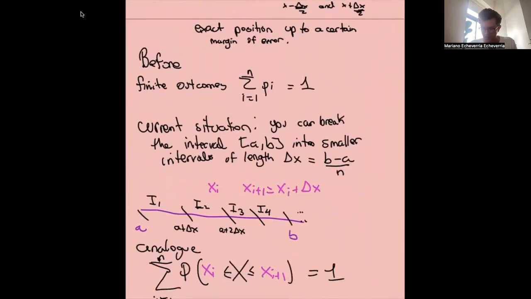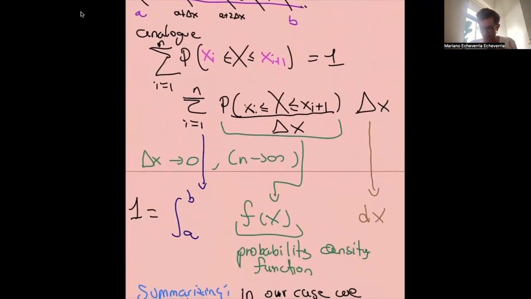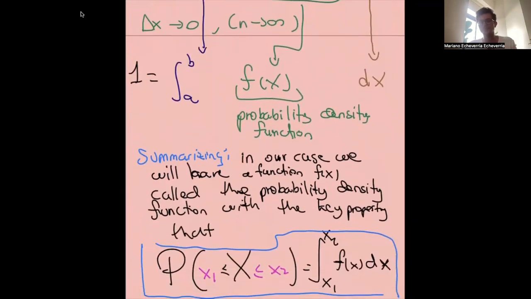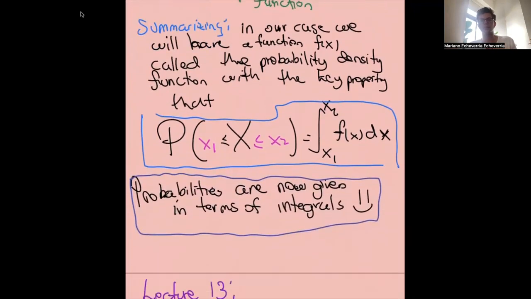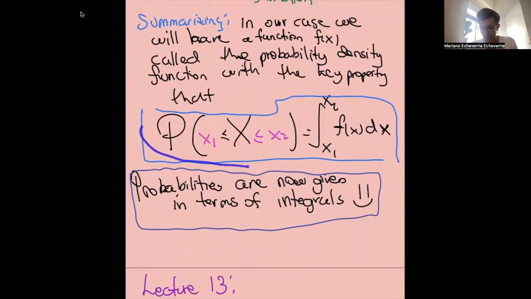And so the discussion that we ended up with last time was that because you're in the continuous case, what makes most sense is to think about these probabilities as an integral. This is the formula that we were thinking about last time, and that would be our starting point for discussing continuous probability.